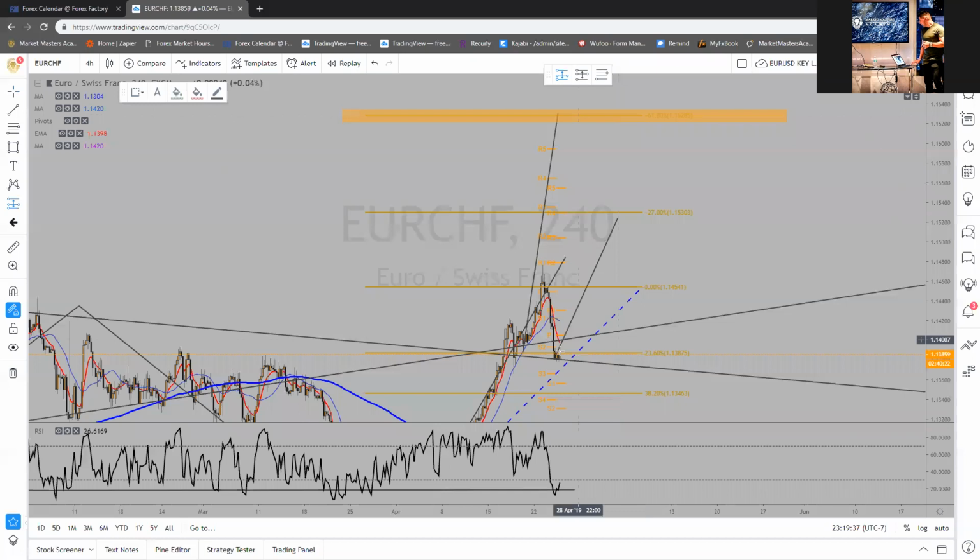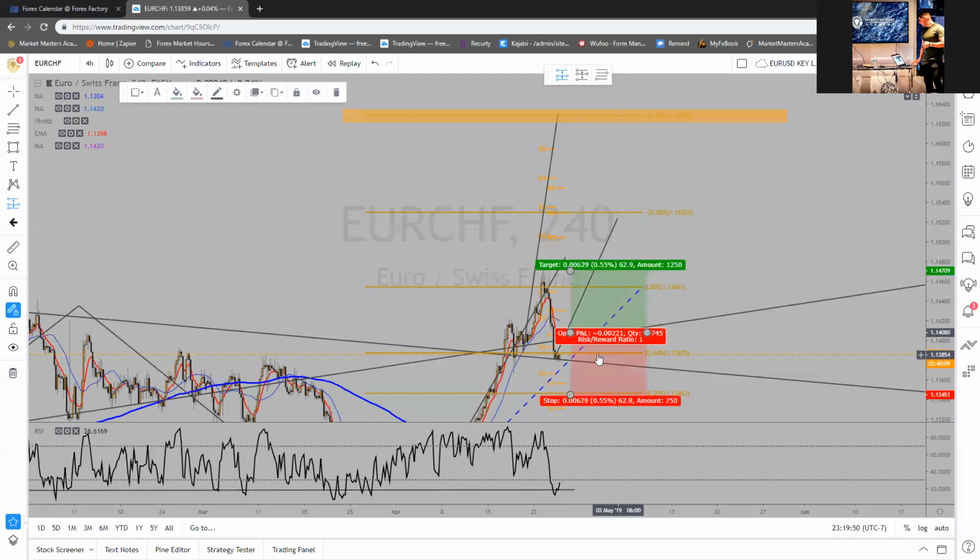I take profit. So I would say get in for a buy right at the 1.14080.